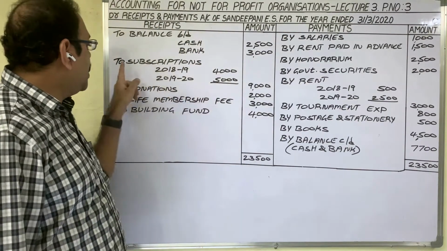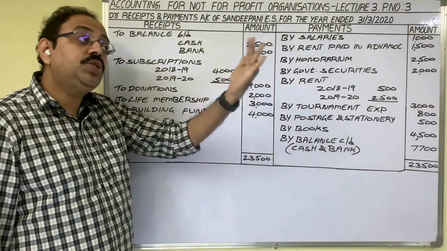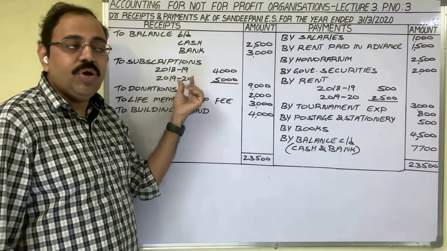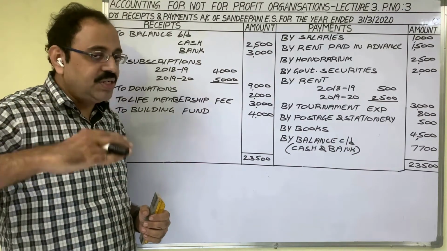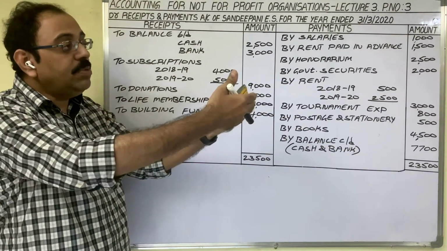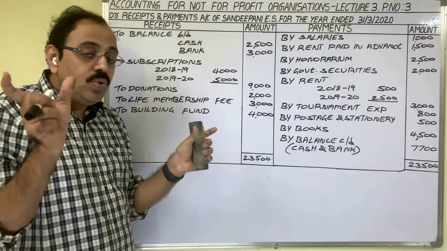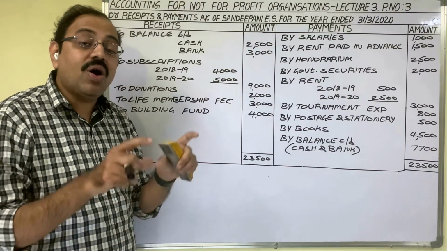Similarly, subscriptions received we wrote, but subscriptions to be received we don't show in this account because cash is not coming. So outstanding salary, cash is not going. Subscriptions to be received, cash is not coming. But these two amounts also you should consider to know the surplus or deficit.